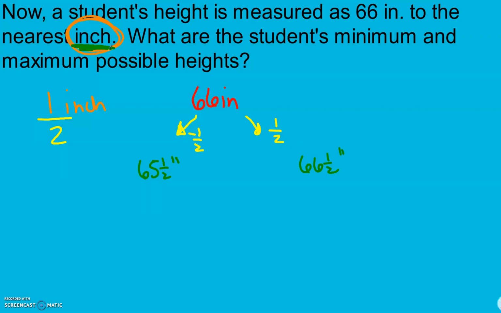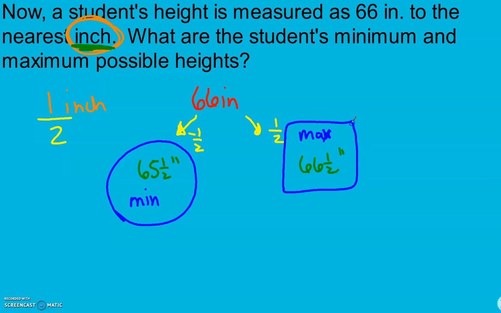So the lowest it could have been here, our minimum, is 65.5. Anything less than that, and it would have rounded down further instead of going up to 66. Our maximum is 66.5. Anything less than that goes to 66, but anything more would go up to 67.